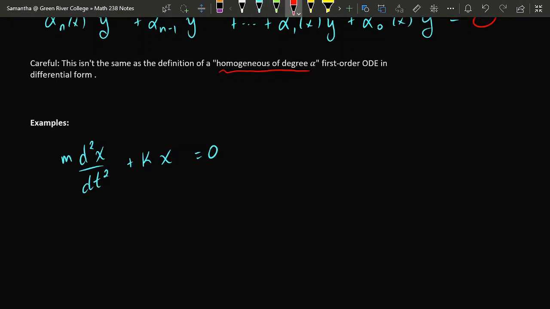We had a function of the input variable alone, the constant function m. The function multiplied by x single prime is just 0 in this case. That's why there is no x single prime visible. And the function multiplied by the 0th derivative, x with no prime, is the constant function k. And then we have 0 on the right side. So this would be a homogeneous second order differential equation.